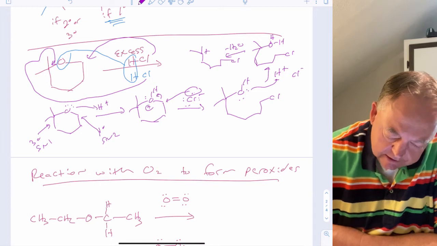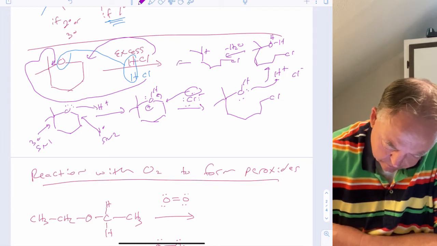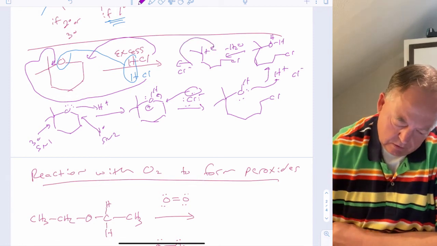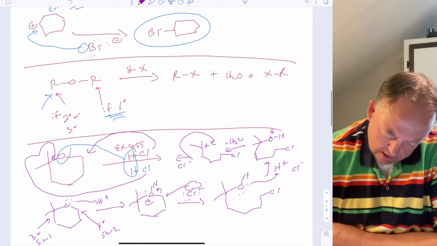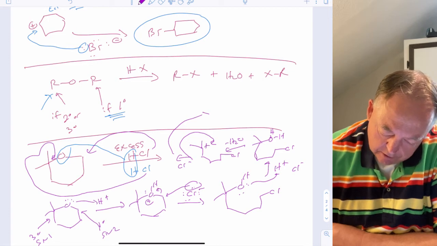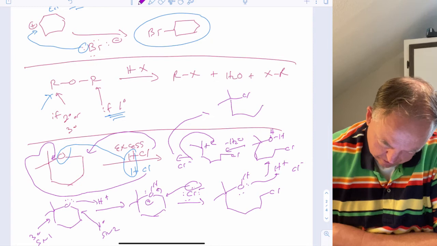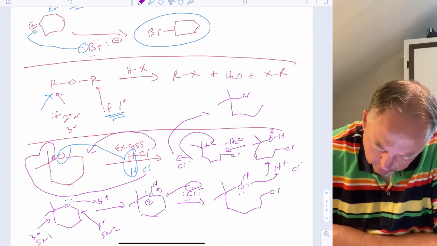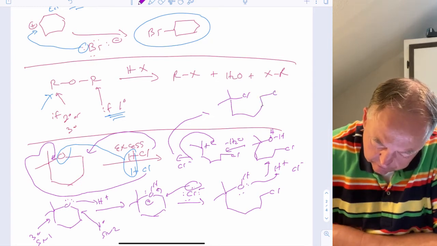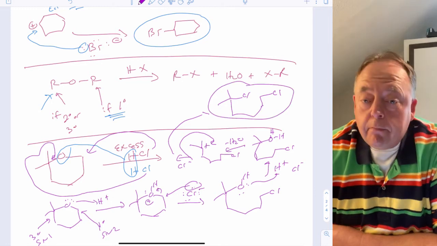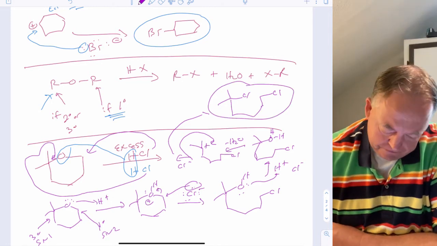And then Cl minus attacks. And then your final product would be, let's see, 1, 2, 3, 4 carbons. 1, 2, 3, that would be your major organic product, right?